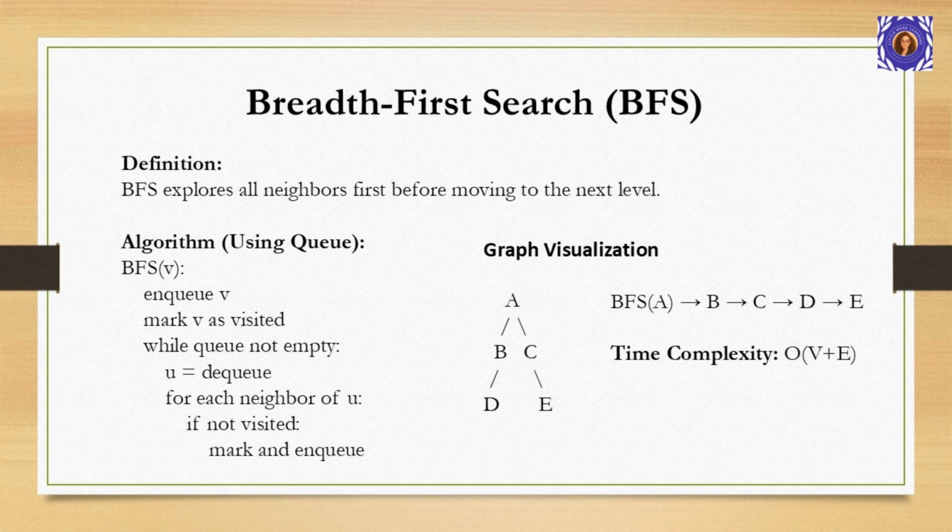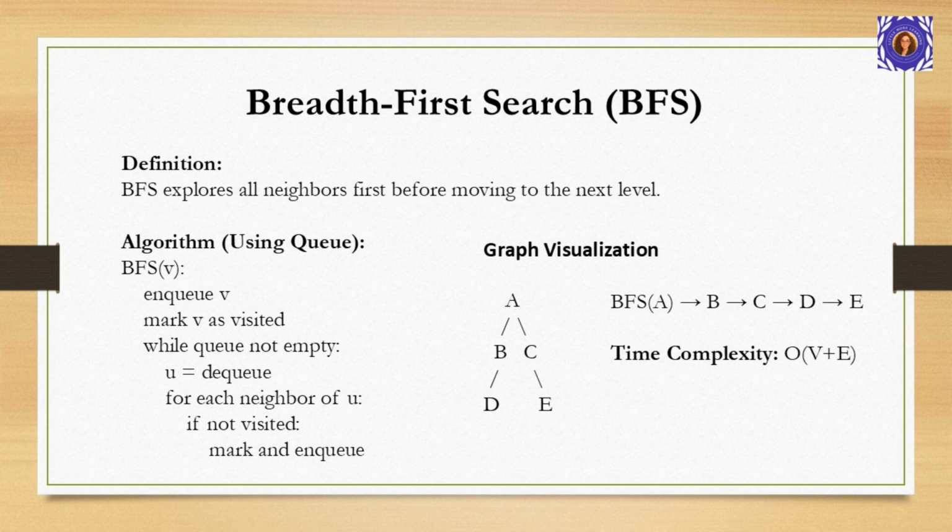Using our tree, A connected to B and C, B connected to D and E. Starting BFS from A. Enqueue A, mark visited. Q: A. Dequeue A, enqueue its neighbors B and C. Q: B, C. Dequeue B, enqueue its neighbors D and E. Q: C, D, E. Dequeue C, no unvisited neighbors.